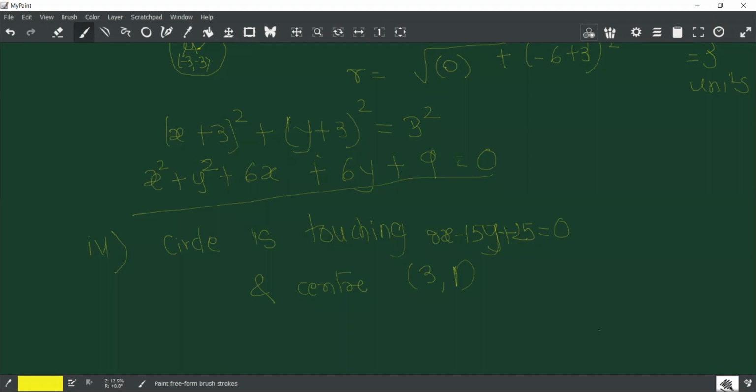कैसे किया ये? अच्छा doing, no problem. ये 3,1. Perpendicular distance, very good. 25 is equal to 0. ये जो length of the perpendicular आएगा, that is my radius r.